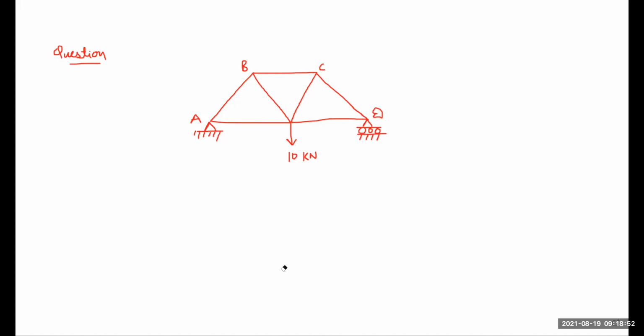So this is joint E. This is 10 kilonewton. This distance is 3 meter. This distance is also 3 meter. Next, this length is also 3 meter, and all these lengths are 3 meter.